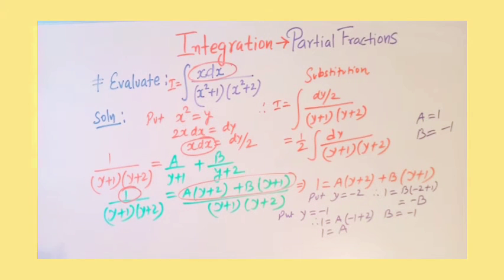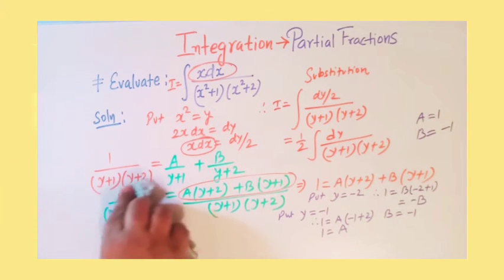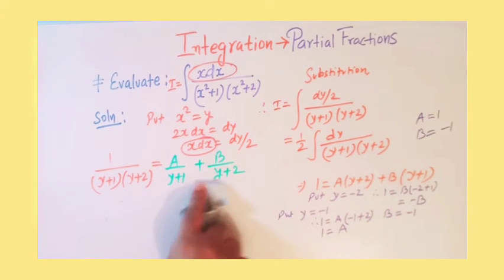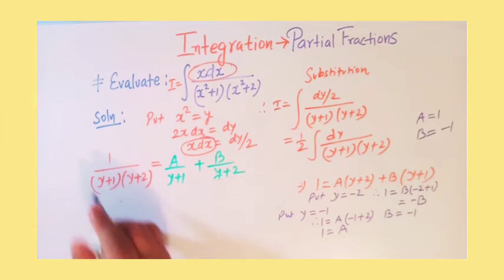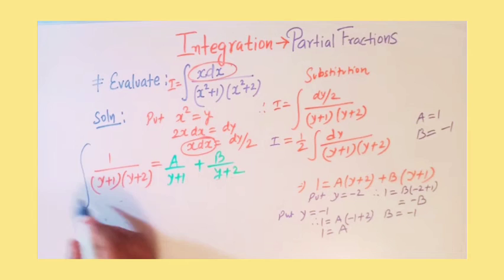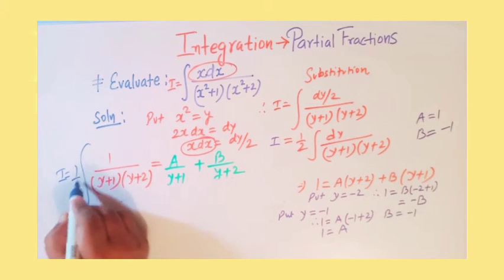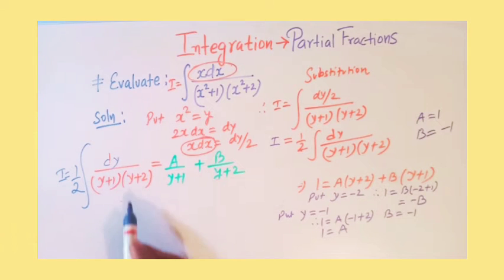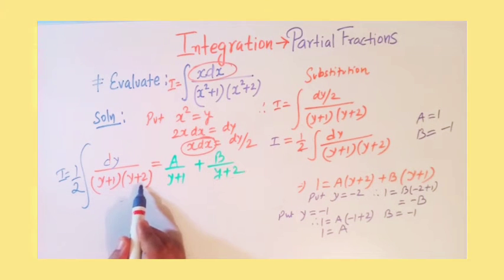So here we have to integrate this function. Now we can integrate it because we have to find the value of I. So I is half, integral of dy over (y plus 1)(y plus 2).